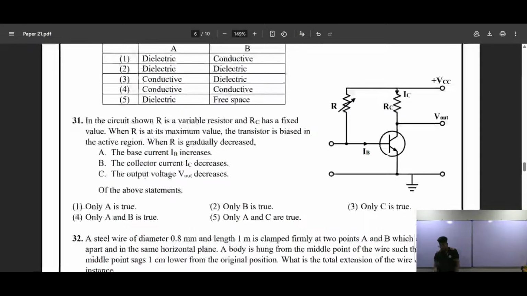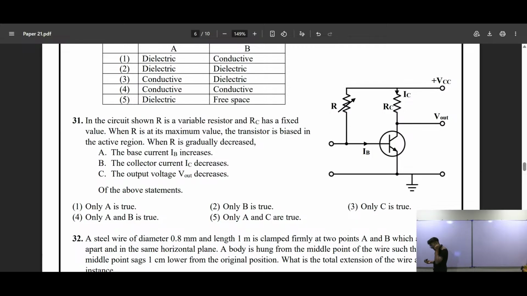This is the question. In the circuit shown, R is a variable resistor and RC has a fixed value. When R is at its maximum value, the transistor is biased to the active region. When R is gradually decreased, what's going to happen?